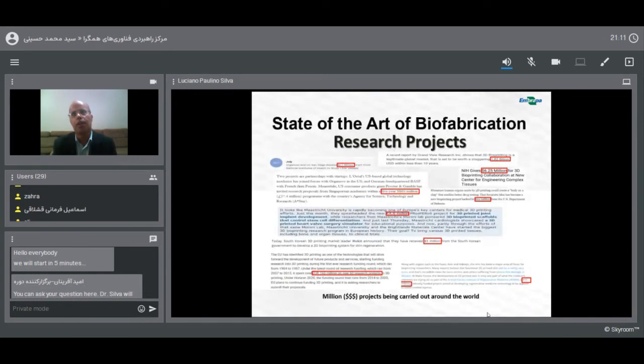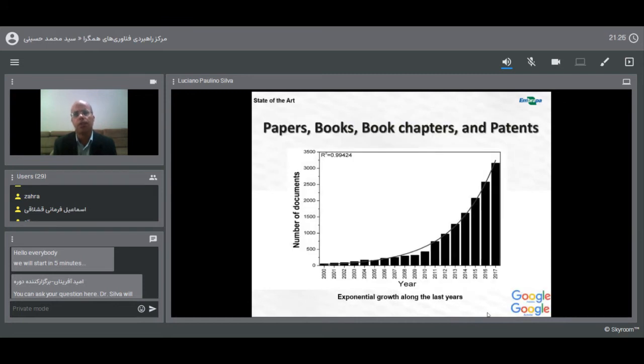The state of the art related to biofabrication shows a lot of research projects worldwide that could now be considered millionaire projects being carried out all around the world. And these projects have allowed an exponential growth over the last years in papers, books, book chapters, and patents related to this field.